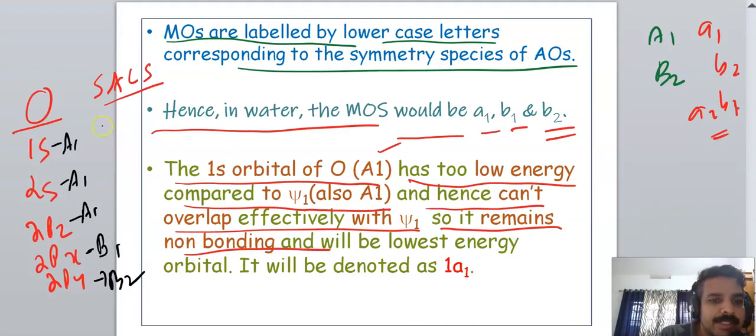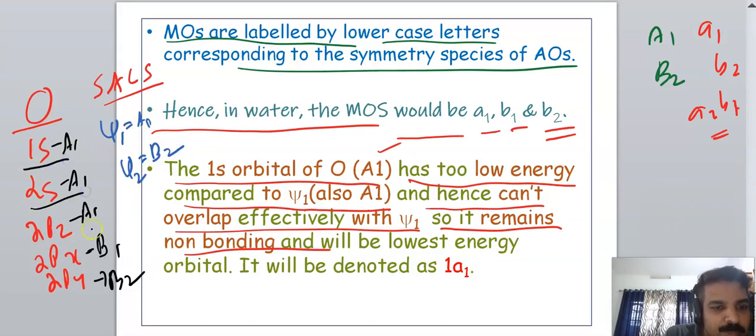And SALC psi1 is A1 symmetry and SALC psi2 belongs to B2 symmetry. Okay, this is our point. The A1 orbitals, 1s, 2s and 2pz, should combine with psi1.